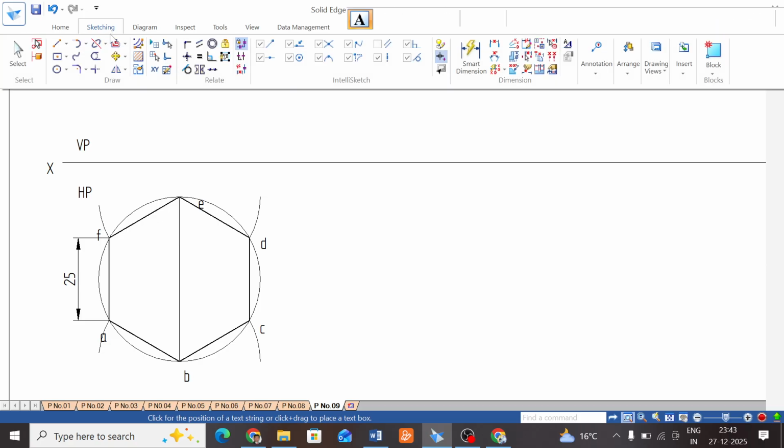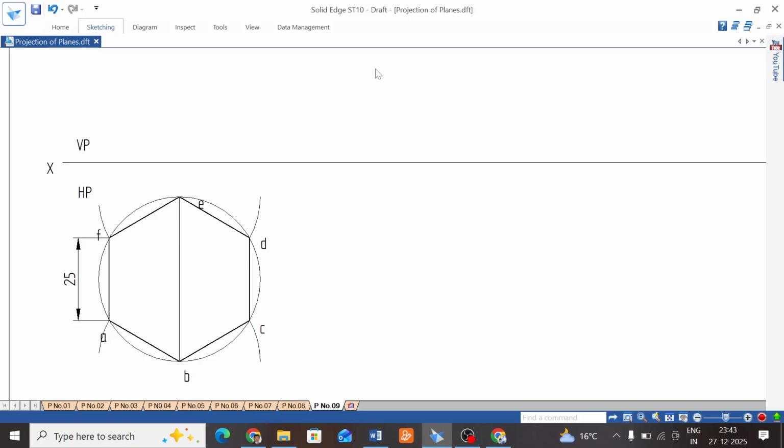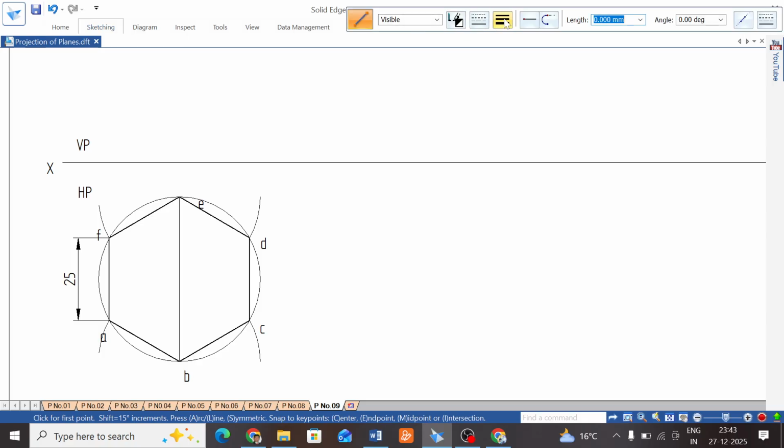A and F are on the same line, B and E are on the same line, C and D are on the same line. The projection lines are thin. Project A and F up to the XY line, then B and E up to the XY line, then C and D up to the XY line.